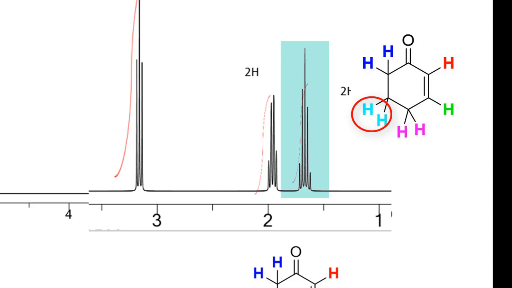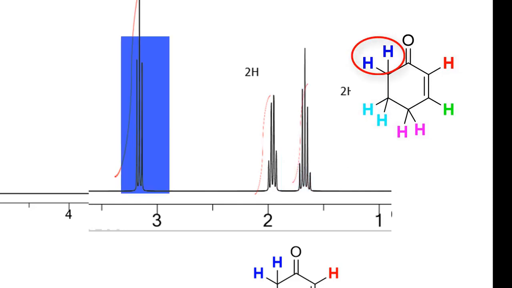And then now we can look down at the signal that's at just past 3, and it integrates for 2 hydrogens, and it's a triplet. So that has to be representative of the blue set of protons, because if you look to the left, you'll see the teal protons, and if you look to the right, there are no protons on that carbonyl.